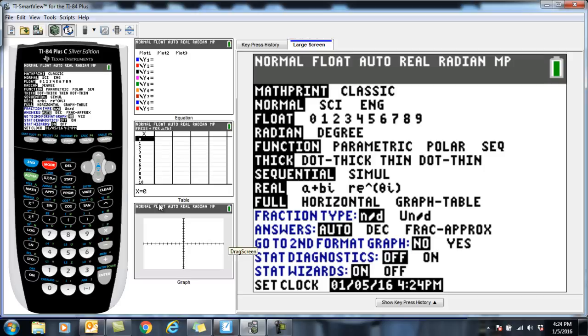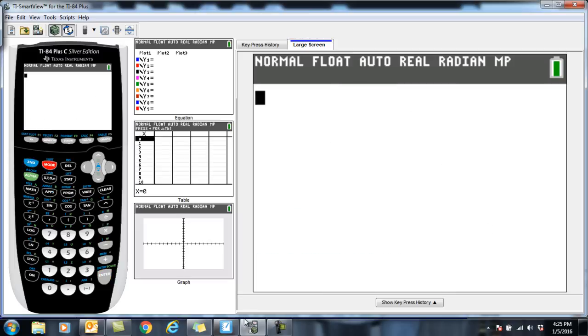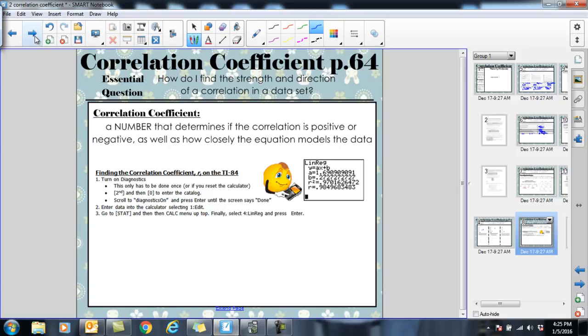When you get down to it, you want to arrow over and hit enter on the word on, and now your diagnostics will be on. So now when we do a linear regression, we'll be able to see our correlation coefficient, so we'll know how strong of a correlation it is. To get out of this screen, press second and mode to quit. And so we're going to do an example.